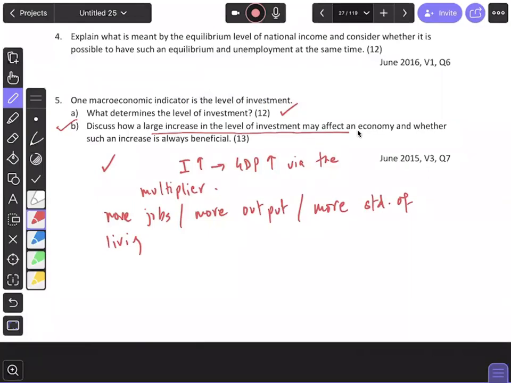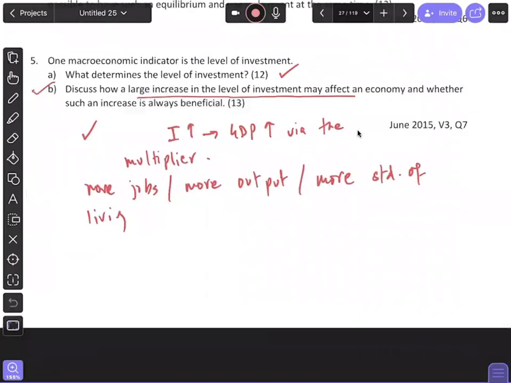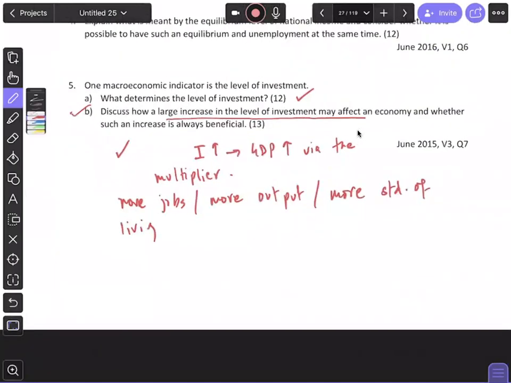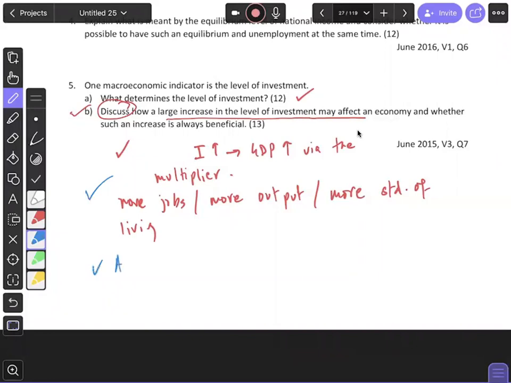Okay, so guys, this is one thing, but there's another point that we can raise, because they're saying discuss, so means pros and cons. You can also say this that there is an accelerator theory you can talk about here as an advantage.